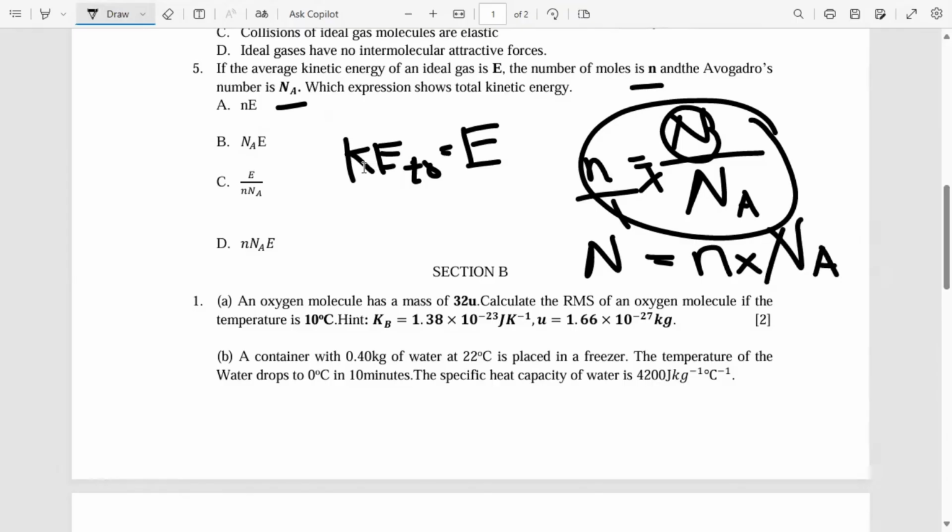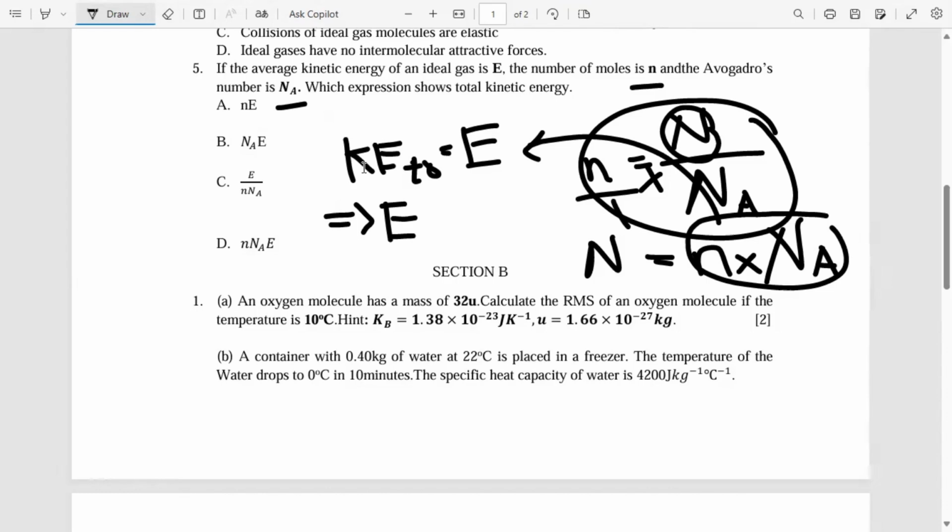So we're going to get this expression for the total number of molecules and plug it into this formula. The total kinetic energy will be equal to the average kinetic energy per molecule, E, multiplied by the total number of molecules, which is N multiplied by Na.